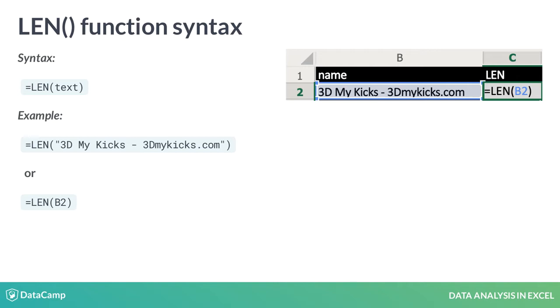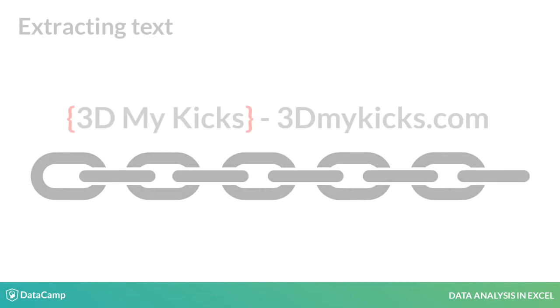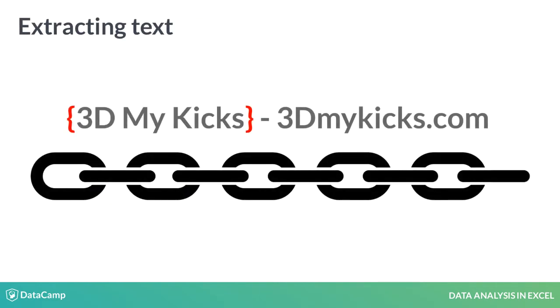By itself, this information is interesting but not particularly useful. However, we can now use it in combination with other functions to extract only the portion of text we want. Looking again at 3dmykicks-3dmykicks.com, if we want just the project name, not including the website, we can use the LEFT function.